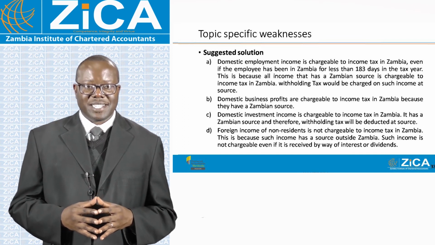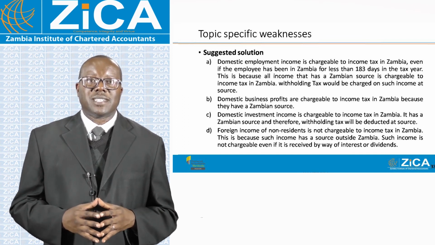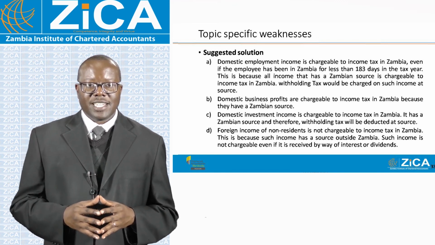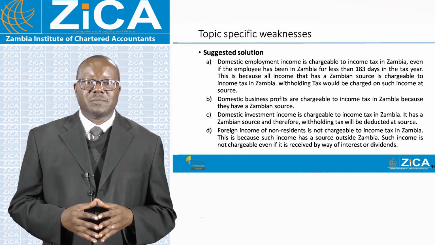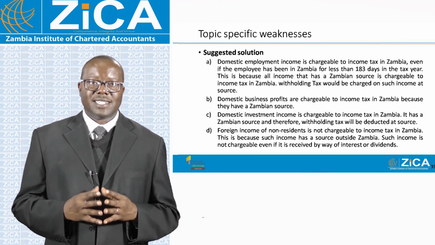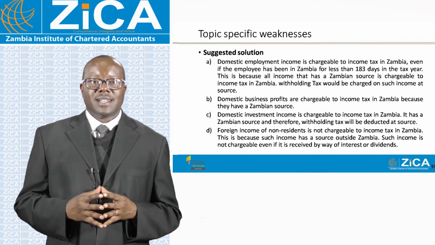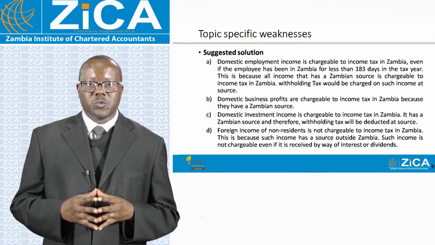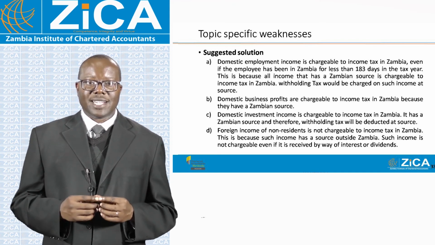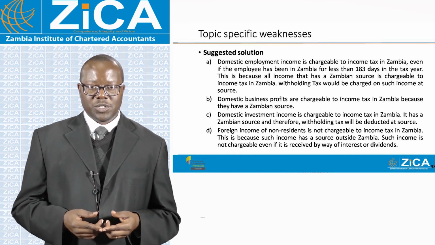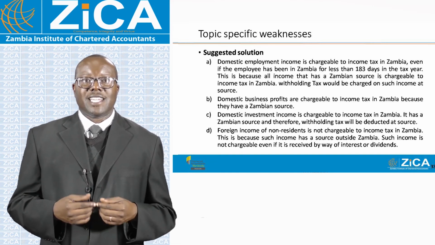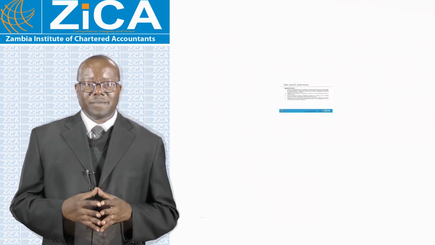This is because such income has a source outside Zambia. Such income is not chargeable even if it is received by way of interest or dividends. This distinguishes between how a non-resident will be subjected to tax here in Zambia on income that has a Zambian source and on income that has a non-Zambian source.